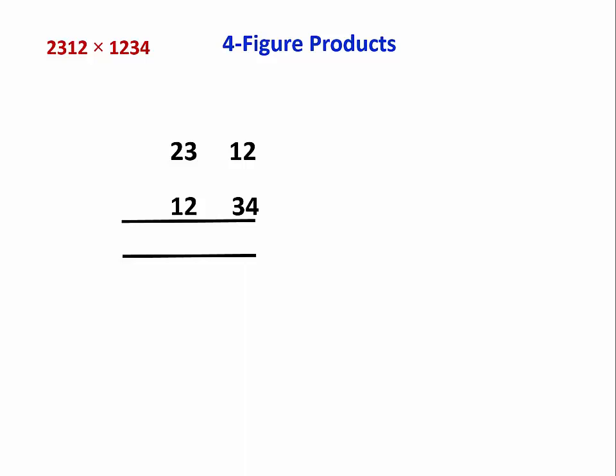So if we start on the right here and do 12 times 34, we would need to do a little vertical crosswise vertical on those 2 pairs of numbers, and without going through it in detail we would get 408. And because we've chosen to put 2 figures on the right here, we put down the 08 and carry the 4. So it looks like this.